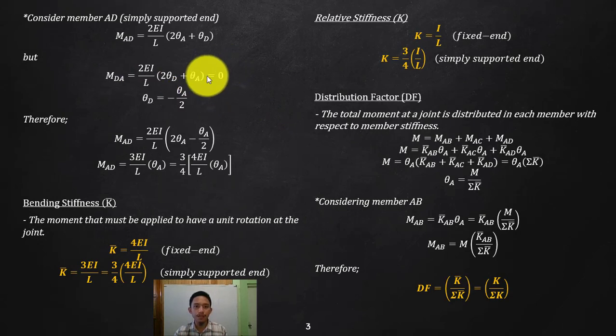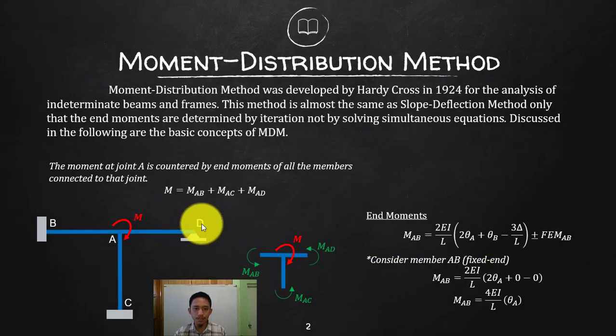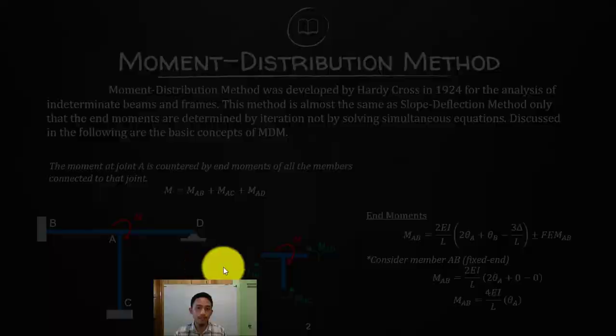If this is free to rotate at joint D, then there should be no end moment DA for equilibrium, unless of course there is a counteracting moment or a moment load at joint D. But let's say there is none, then that should be 0.